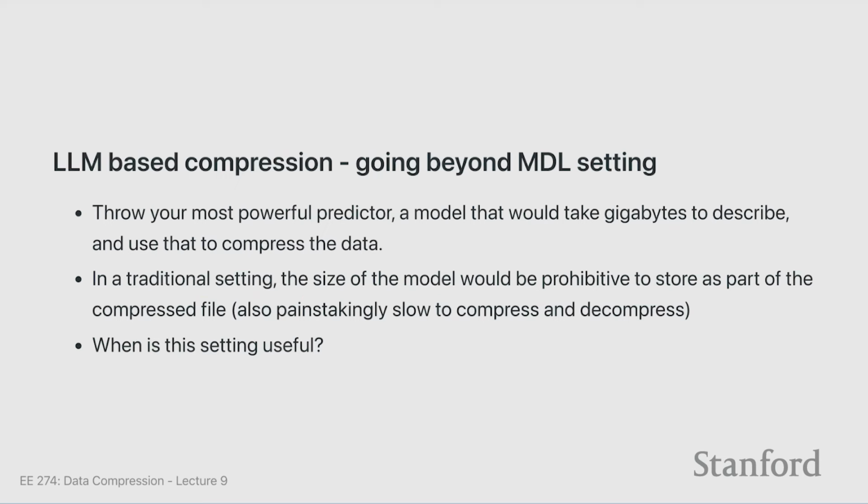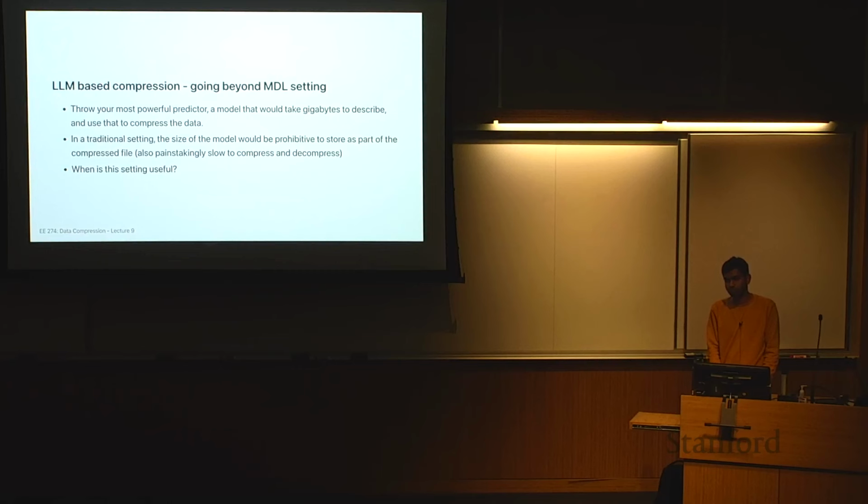Can anyone think of any domain or any sort of setting where it's fine to have a very big model as a predictor? So what is the issue with having a very big model as the predictor?